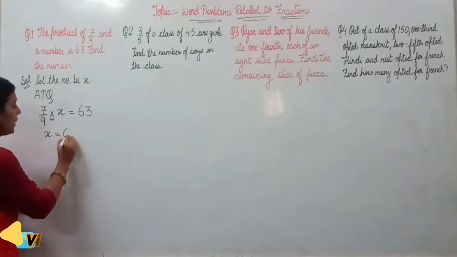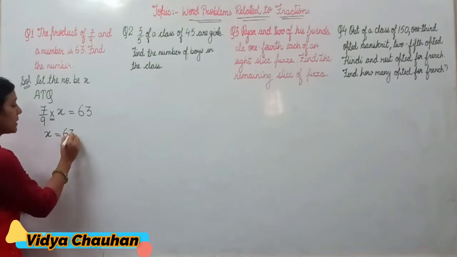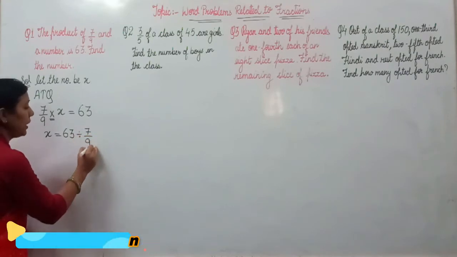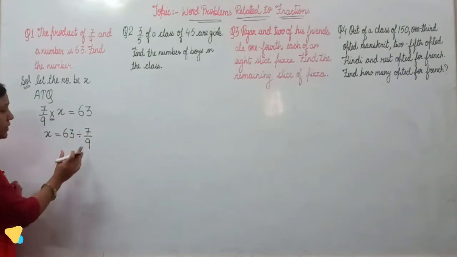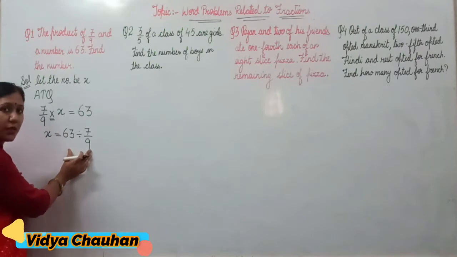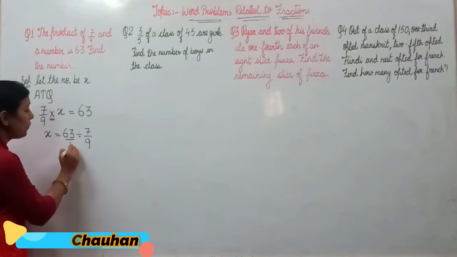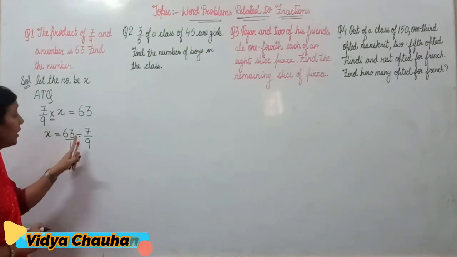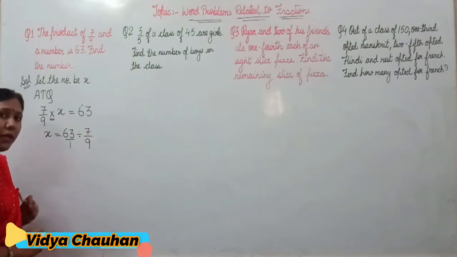So we will write it as x is equal to 63 divided by 7 upon 9. Now this is a division of two fractional numbers. 63 can be written as 63 upon 1 divided by 7 upon 9.